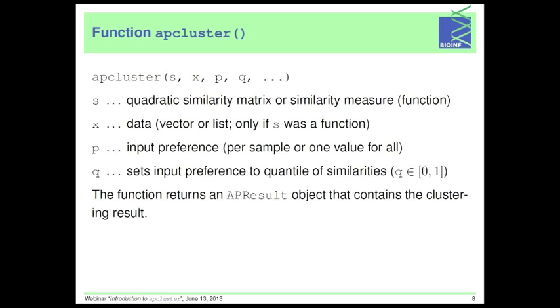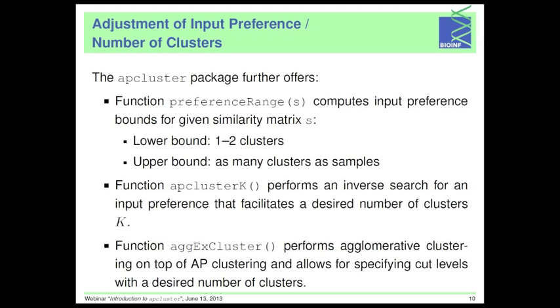I think that's actually a new parameter that we introduced, and it's a very nice thing, because without knowing anything about which values are in this similarity matrix, without knowing which would be good choices for P, you can very easily adjust the number of clusters in a range from 0 to 1.